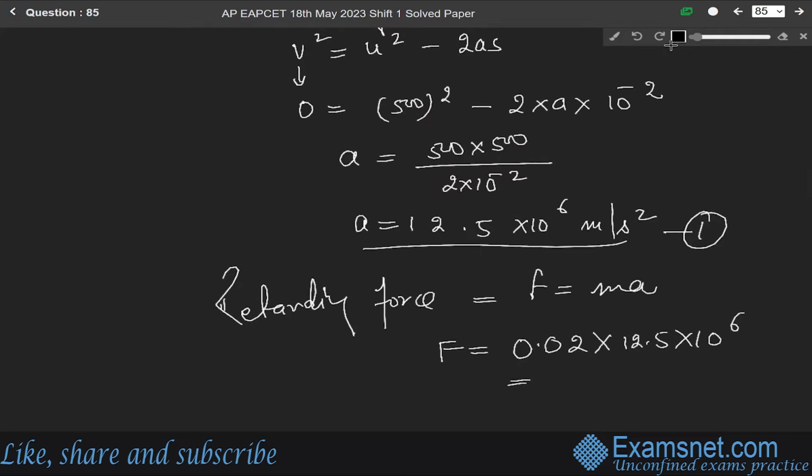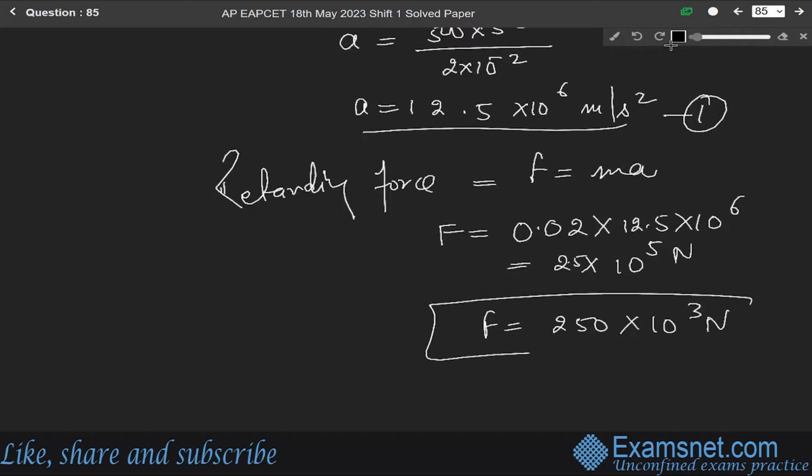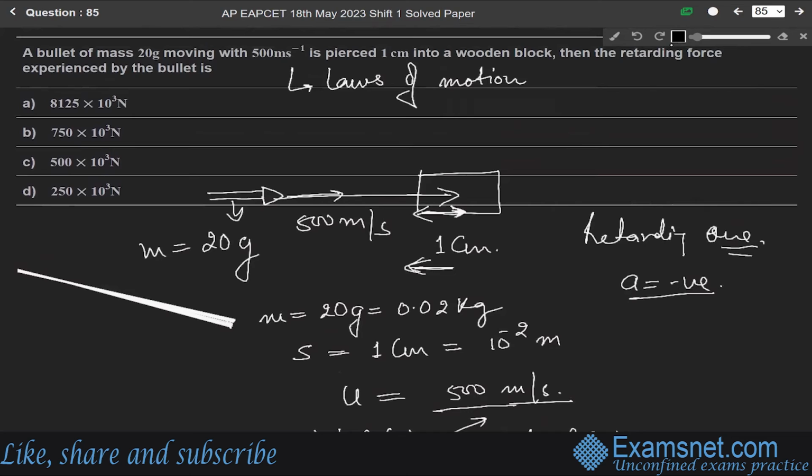Solving it, we get 2.5 into 10 to the power 5 Newton, and we can write it as force equals 250 into 10 to the power 3 Newton. This is our final answer. So the retarding force will be 250 into 10 to the power 3 Newton, which means option D is the correct answer.